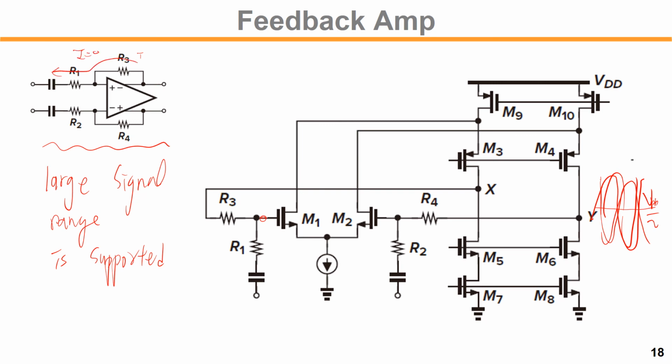So output common mode voltage will be same as the input common mode. But for this folded amplifier structure, its input common mode can be easily supported, right? For the half VDD input common mode would be good enough, would be fine, right?